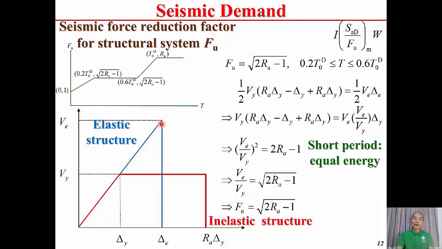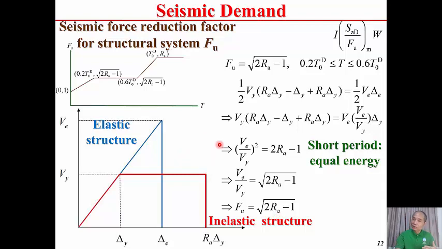So the ratio of seismic force of the elastic structure to the inelastic structure equals the square root of 2Ra minus 1. If we allow the structure to be nonlinear, to enter into the inelastic range, then we have lower seismic force. Therefore, Ve divided by Vy equals the square root of 2Ra minus 1, so that the seismic force of the structure can be reduced by 1 over Fu, where Fu equals the square root of 2Ra minus 1.